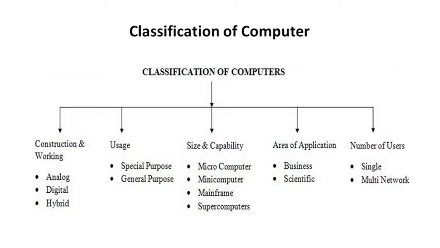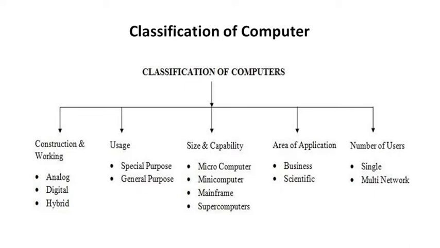Next topic is classification of computers. How are computers classified? The classification of computers depends upon various factors. As you see in the diagram, depending upon the construction and working, computers are classified as analog, digital and hybrid. Depending upon usage, they are classified as special purpose and general purpose.